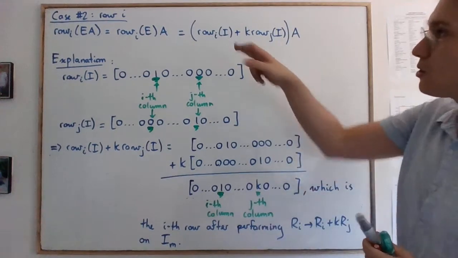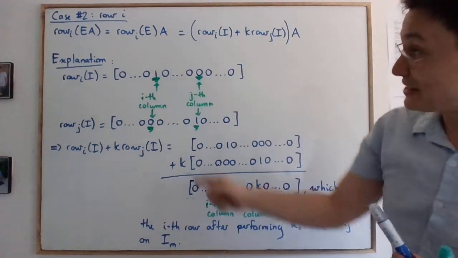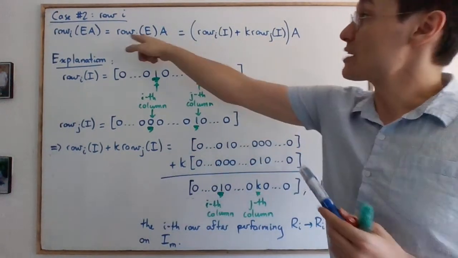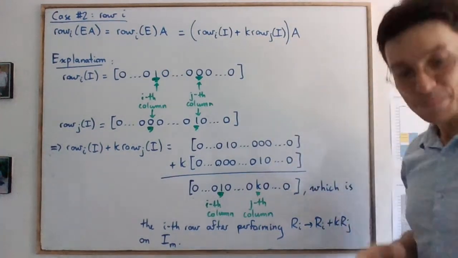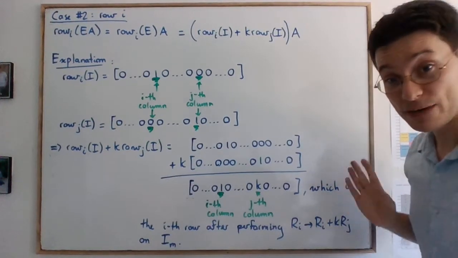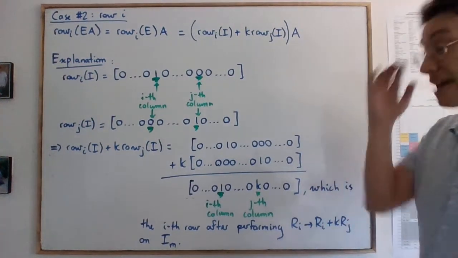This explanation is exactly why we can replace the row i of E by this. Now I'm going to erase that explanation and end the proof.